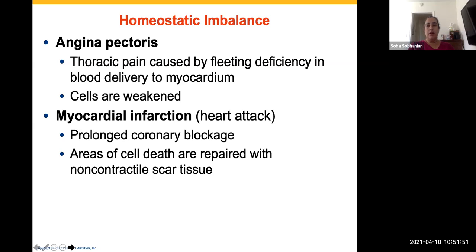So in terms of medical conditions that can be associated with problems with the coronary arteries and veins, so basically the blood vessels that are supplying the heart, a couple of imbalances that you may have. One is called angina pectoris. Angina pectoris is basically when somebody has chest pain.